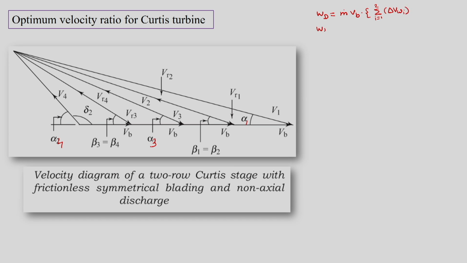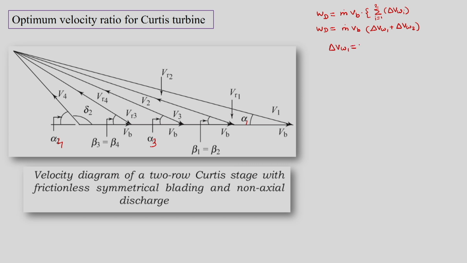So, we have WD is equal to m dot into VB into (delta VW1 plus delta VW2), and we can find delta VW1 and delta VW2 in this case.